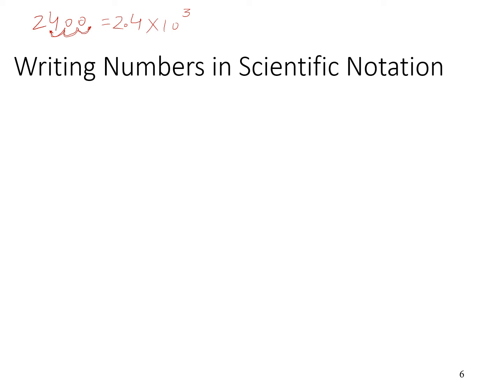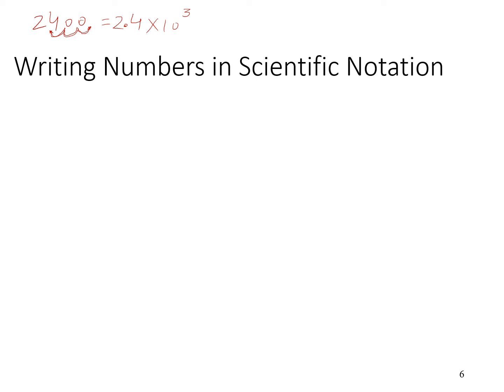Now, how did I decide that this is a positive exponent and not a negative exponent? There are two things that you can see. First, you could memorize this, which I would not recommend, but you could: if you are moving the decimal place from the right to the left, the exponent is always going to be a positive number.